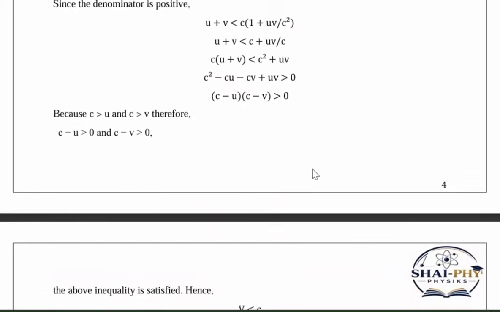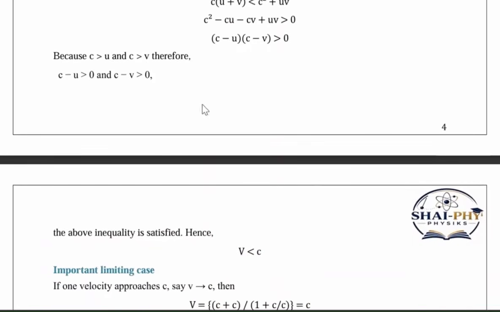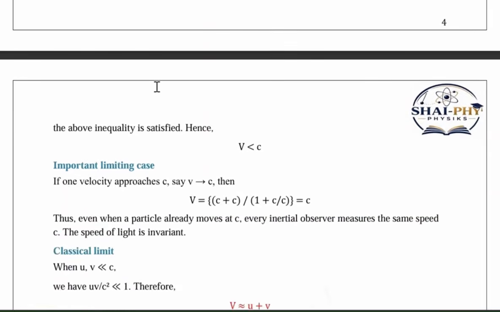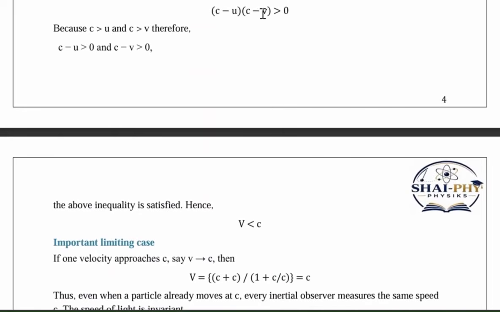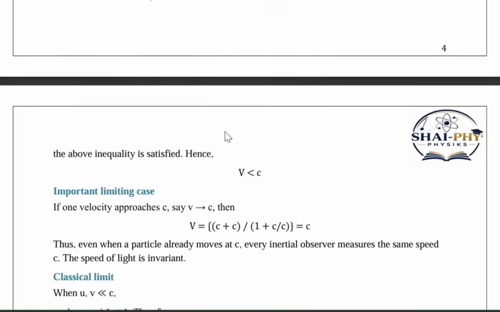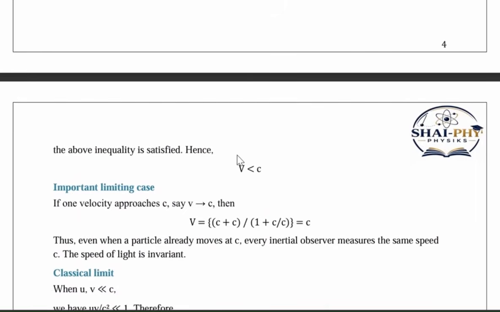Since we have considered that c is greater than u and c is greater than v, we get c minus u is greater than 0 and c minus v is greater than 0. So this whole thing will be greater than 0. This is proved.